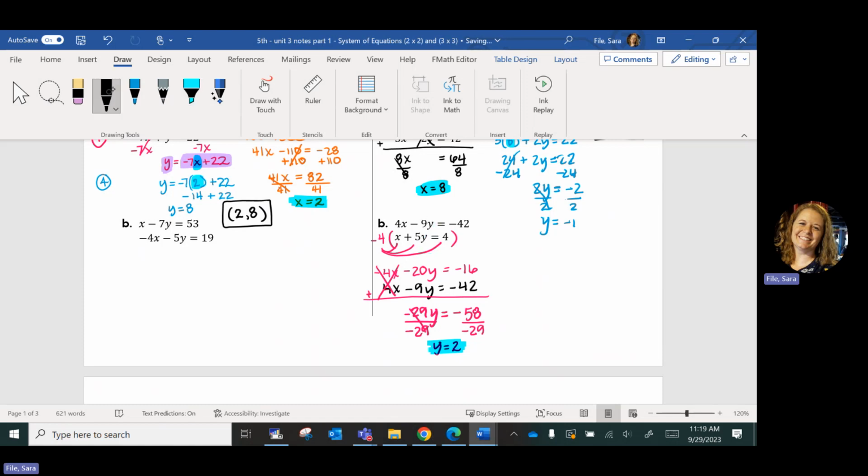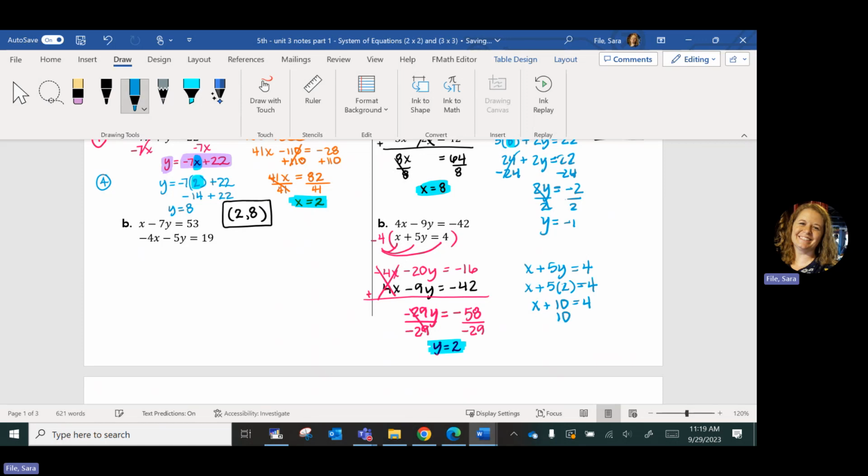It does not matter which one you use, but I think the second one would be easier. Do y'all agree? Okay, so I'm going to use the x plus 5y equals 4 equation, and I'm going to replace y with 2. And that becomes x plus 10 equals 4.